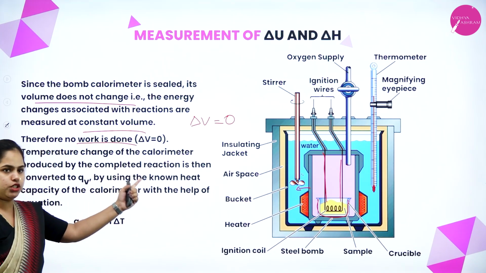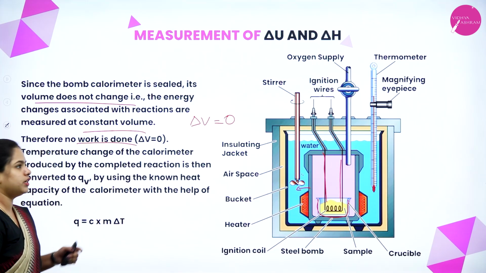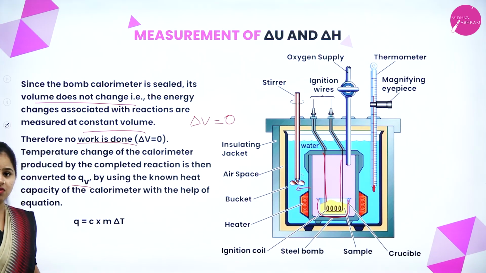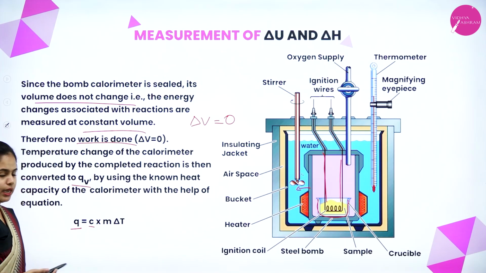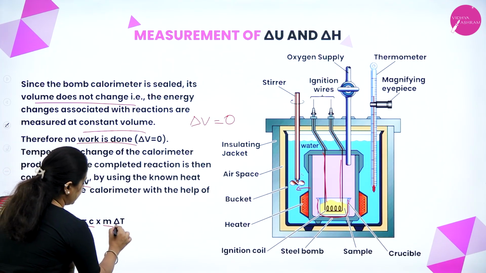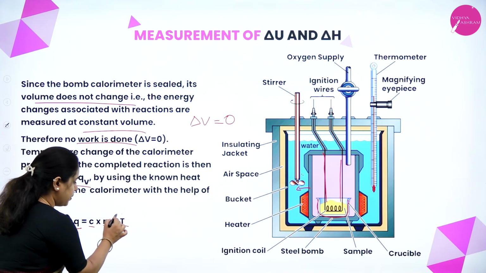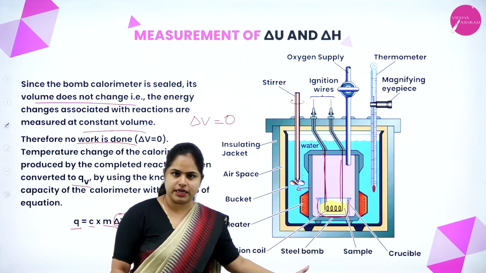The temperature change of the calorimeter produced by the completed reaction is then converted into QV by using this particular relation. Even this we have studied. Yes, Q is equal to C, that is heat capacity, into M, that is the mass, into delta T. So this temperature difference we can calculate using this bomb calorimeter, right?